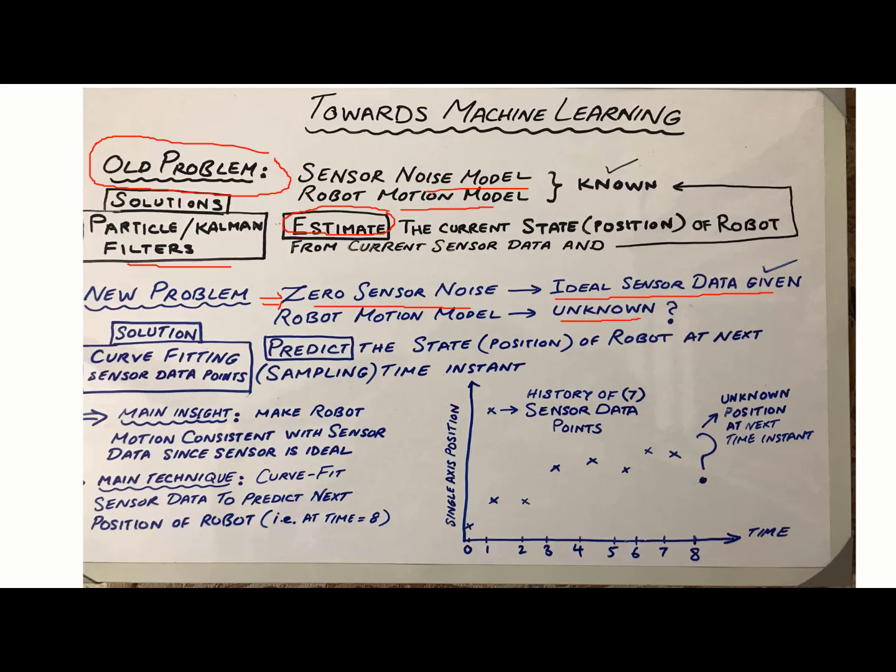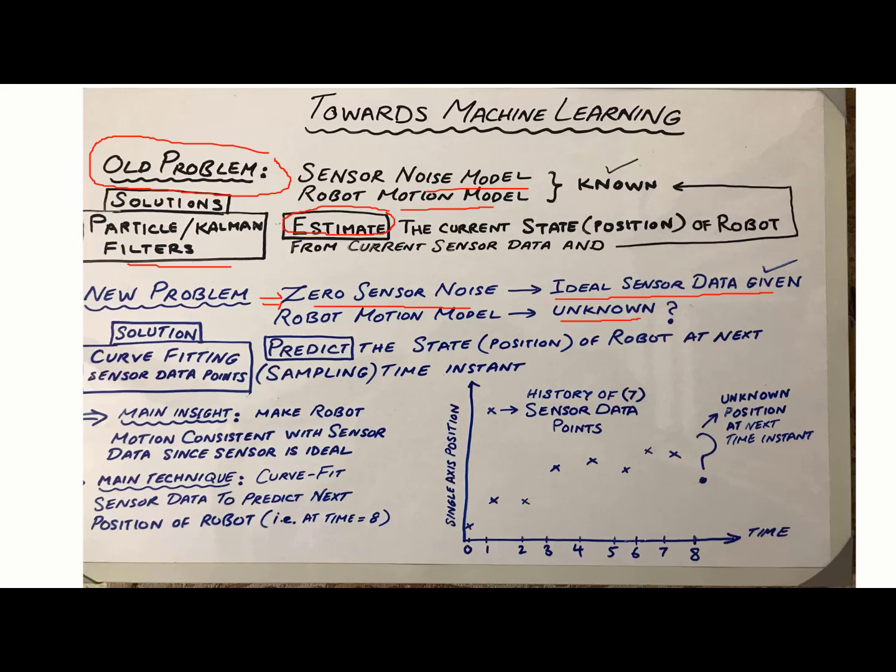So what is a possible solution here? The one solution, which is very intuitive, is to just follow the sensor output. Essentially, if you look at the graph here, the robot position as perceived by the sensor.